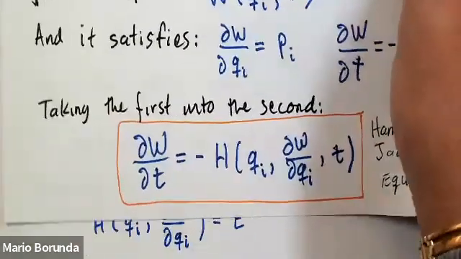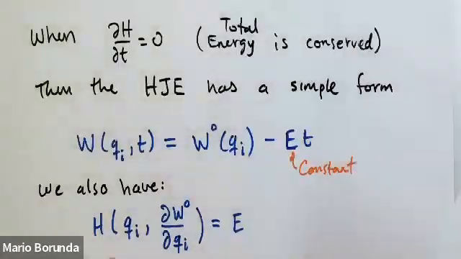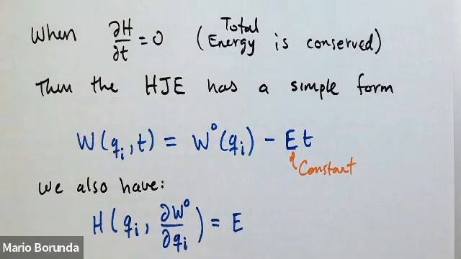So you see this one right here, your Hamiltonian has a time dependence. For this one, your Hamiltonian is just the energy, so there's no time dependence in the Hamiltonian.